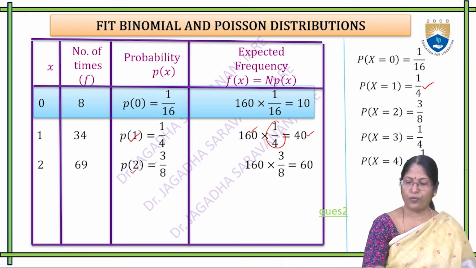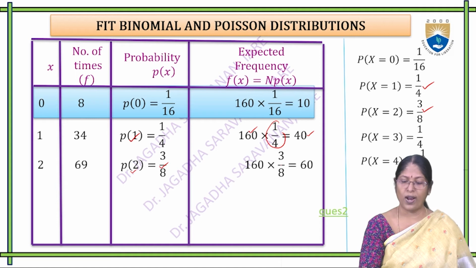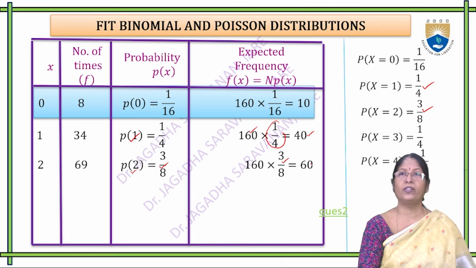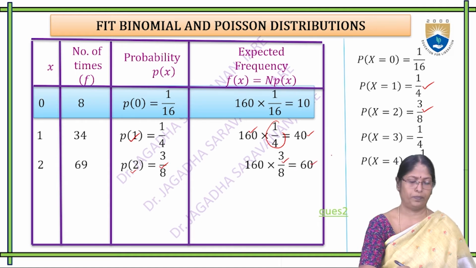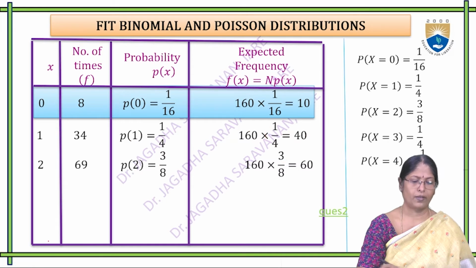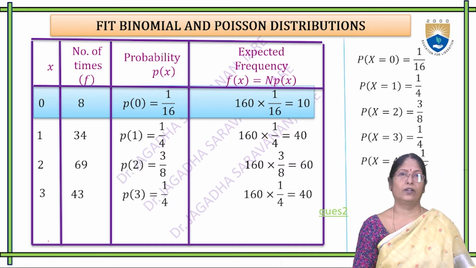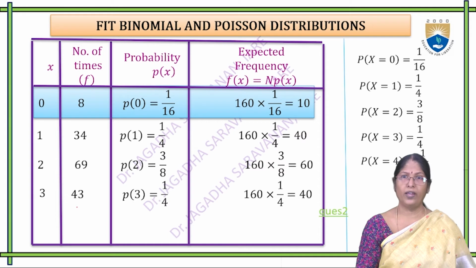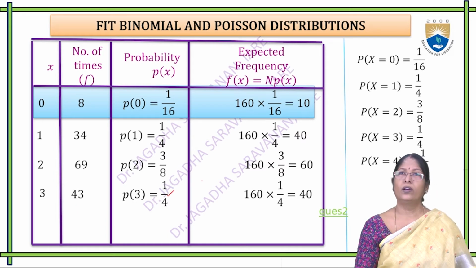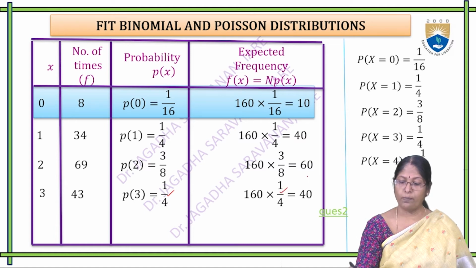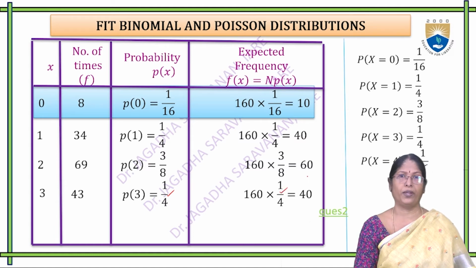The probability of 2 is 3 by 8, that we substituted. So 160 into 3 by 8 equal to 60. Next 3, it is 43. So P of 3 equal to 1 by 4. So 160 into 1 by 4, the result is 40.